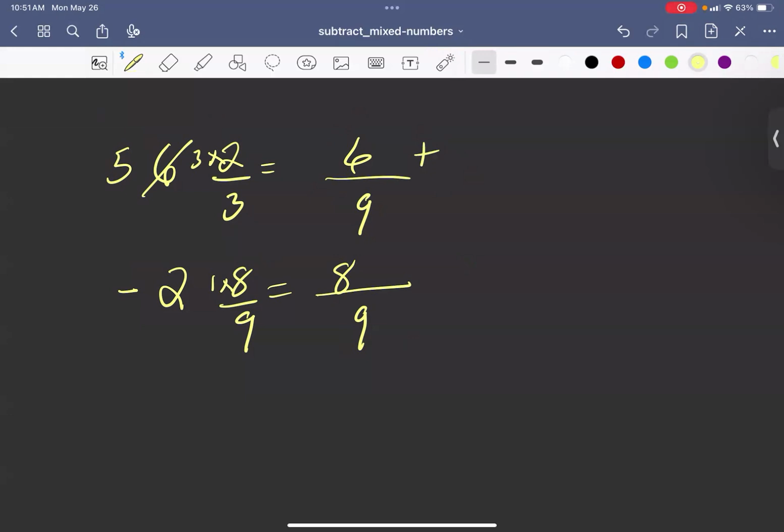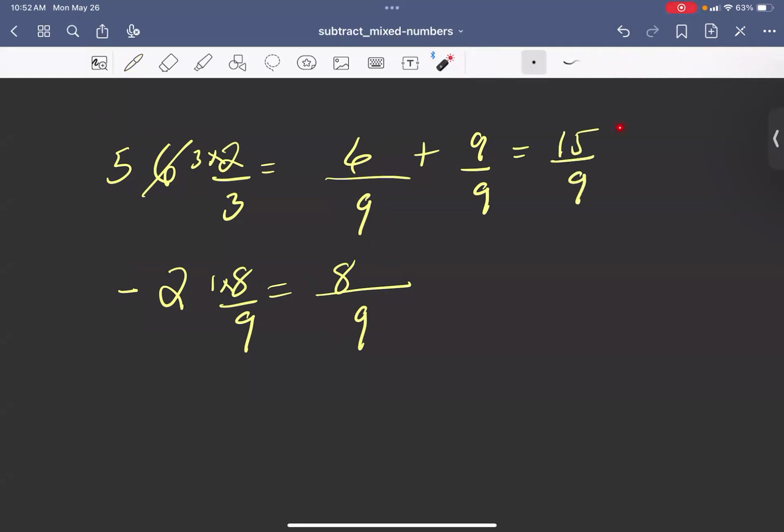I'm going to rewrite one whole as 9/9. I chose 9 because the denominator is 9. And I want to create a number that's big enough to subtract from. So 6/9 plus 9/9 gives me 15/9.